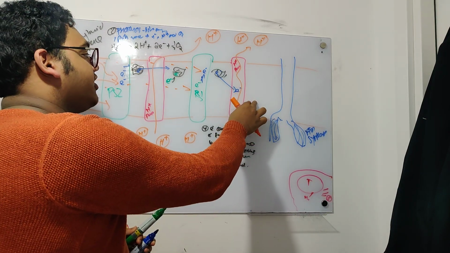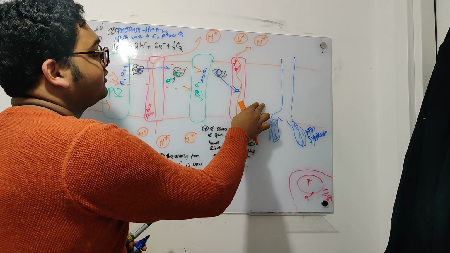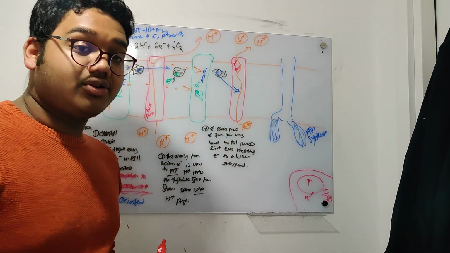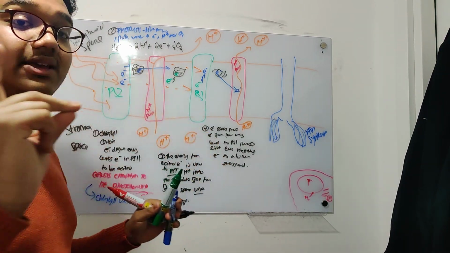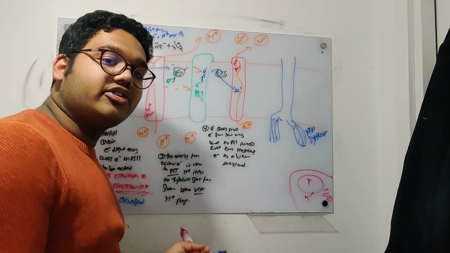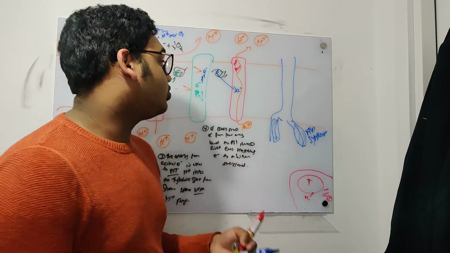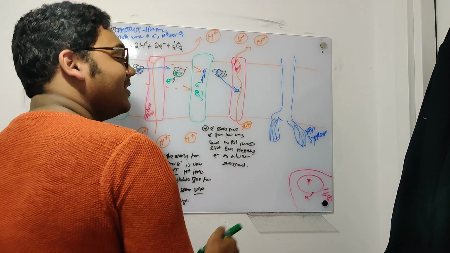Now, after powering that second H plus pump and after photosystem 1, the electron reaches a molecule called, drumroll, NADP+, because we're talking about photosynthesis here. Whenever we're talking about photosynthesis and electron carriers, always add a P. P for photosynthesis, alright?